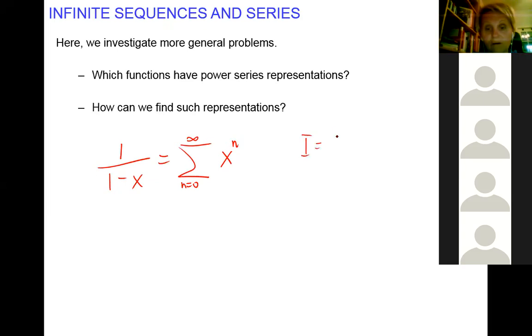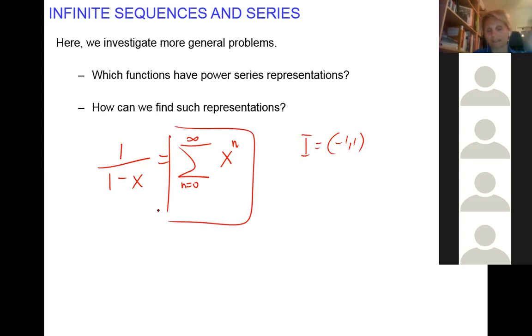The interval of convergence is from -1 to 1, so we can only use x from that interval. With a similar rational function, we can move numbers, rewrite the function, and fit it to this formula. We can also differentiate or integrate and change the function, but still use this power series representation.